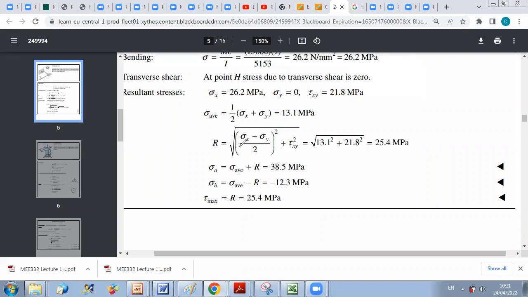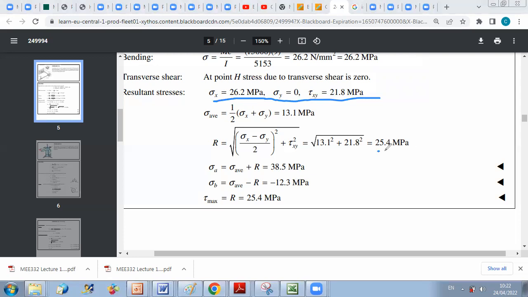And I can also find sigma minimum and sigma maximum, because sigma minimum is given by sigma average plus the radius, where, to know the radius, we just need the state of stress in frame xy. We have determined sigma x, sigma y, tau xy. The radius is the radical of (sigma x minus sigma y over 2) squared plus tau xy squared.